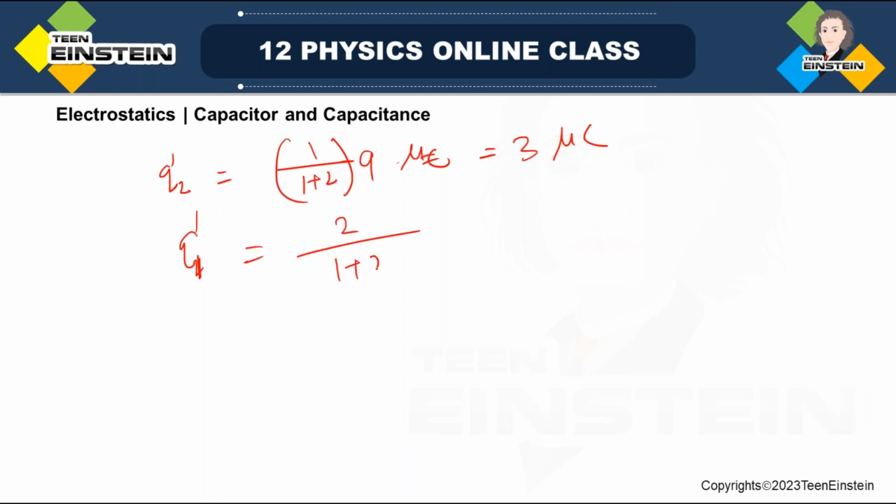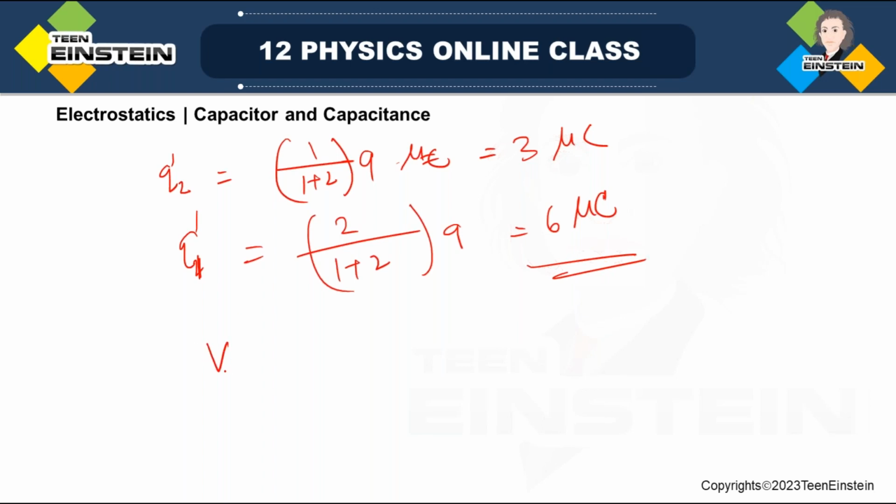Two by 1 plus 2, this is 10 microcoulomb. Okay, this is how we can calculate.